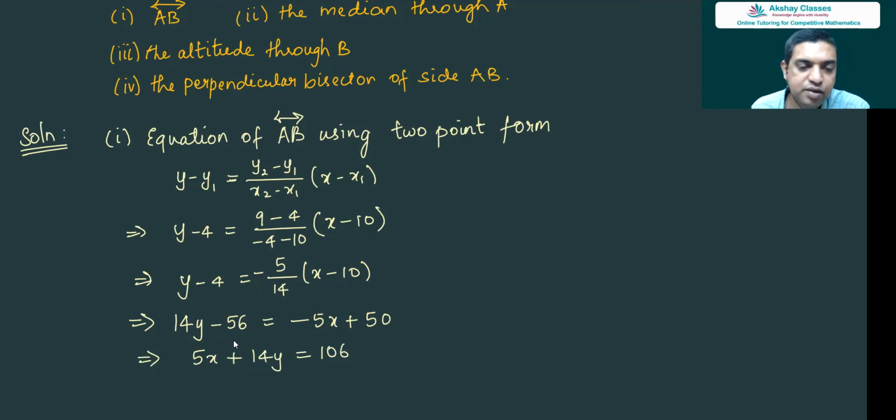So this is the equation: 5x plus 14y minus 106 is equal to 0.